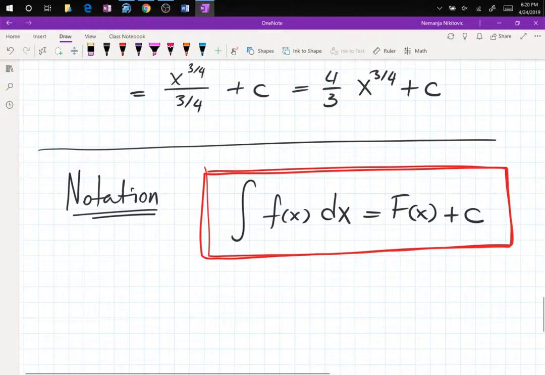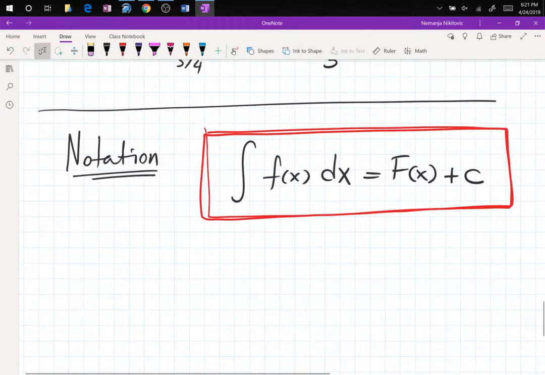It's good enough in this lecture to know that that's read as the integral, and you can also understand this as the instruction of what to do. You know, instructions, license and registration. It's a very clear instruction, right? So if you see an instruction like this, you know that you are supposed to take the derivative.